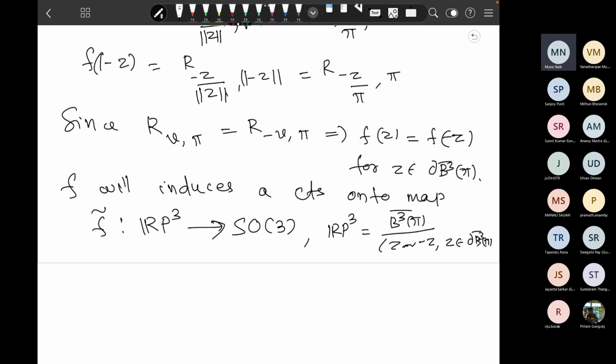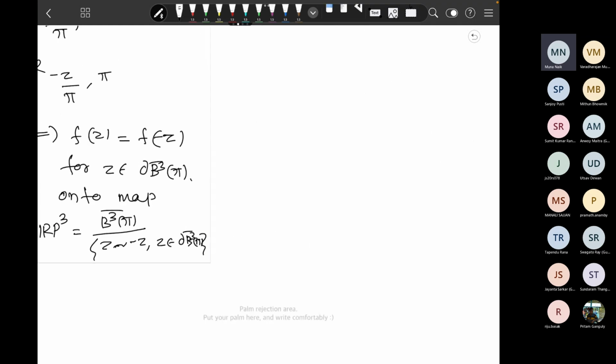Tapendu, is it clear? Tapendu is not there? Pritam? Clear. Okay.